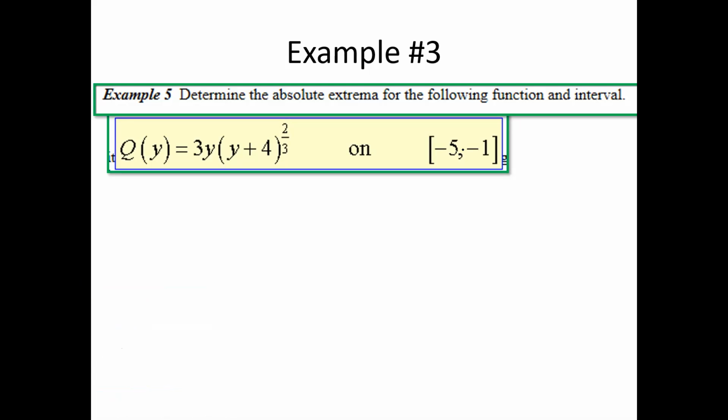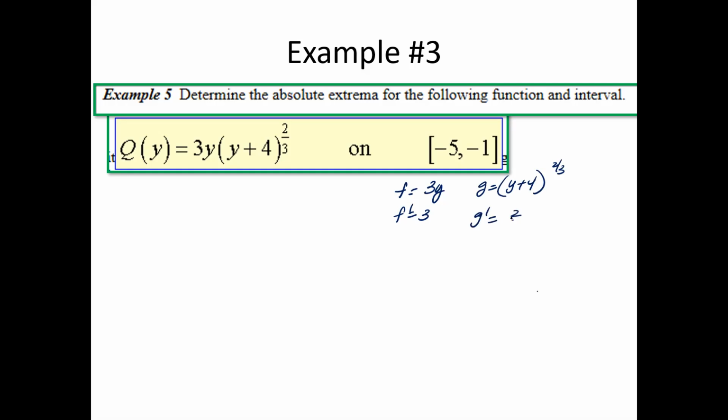So first thing I want to do is find the derivative of this, which means I will have to set it aside. So f equals 3y. F prime is 3. G is (y plus 4) to the 2/3.